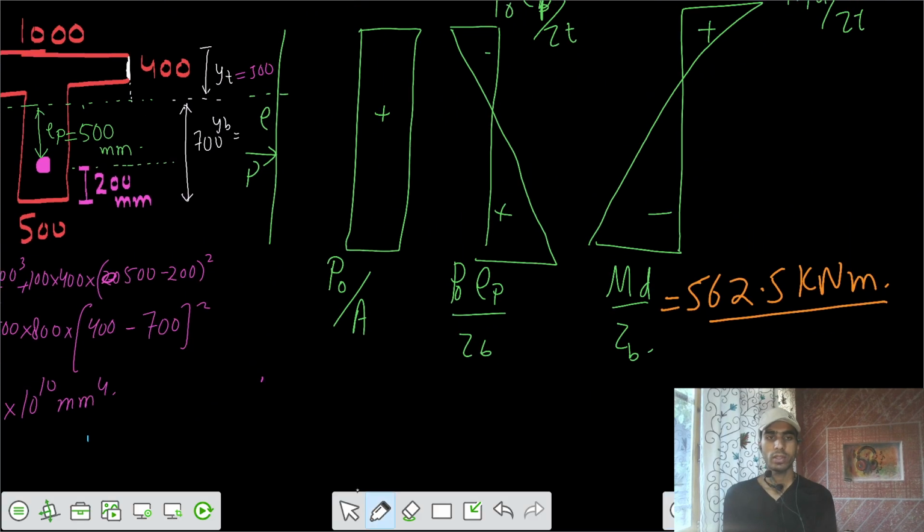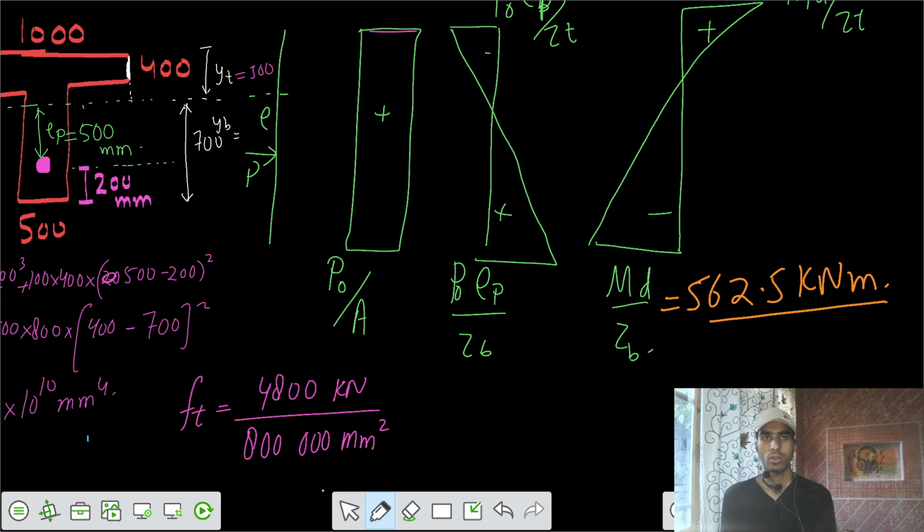So I can write the stresses here: 4800 kilonewton divided by the area of the cross section, 800,000 millimeter square. And the second stress is P naught EP by Z top, let's calculate for the top. This is F top. At the top we have positive, then after that we have negative.